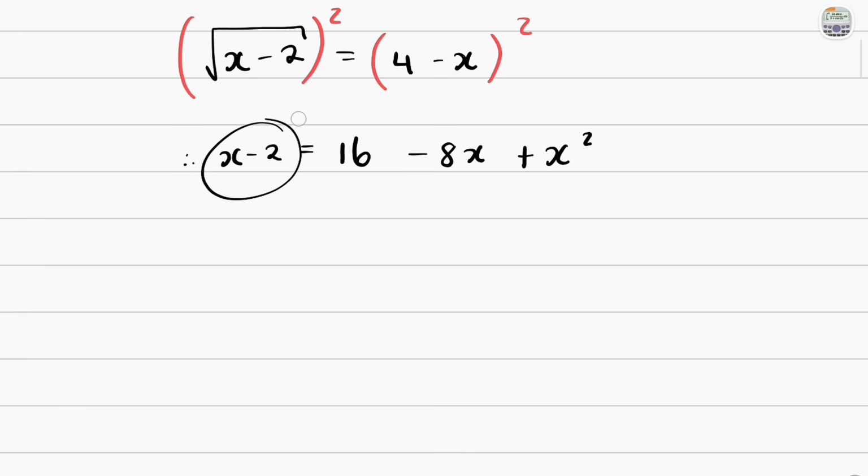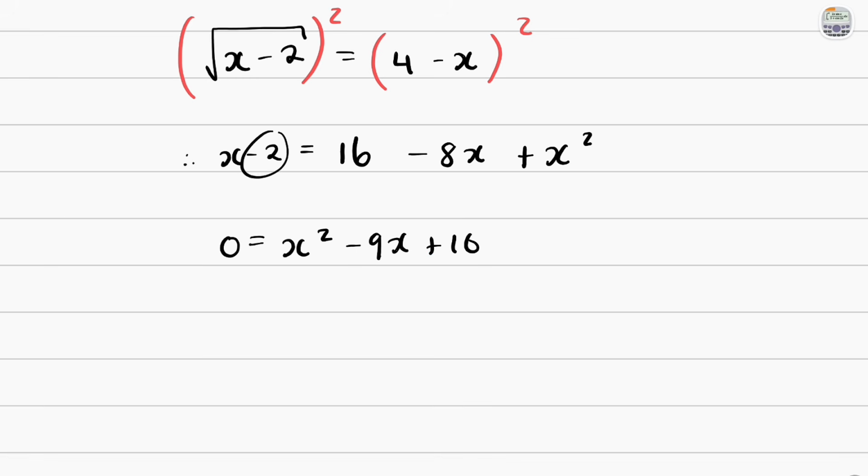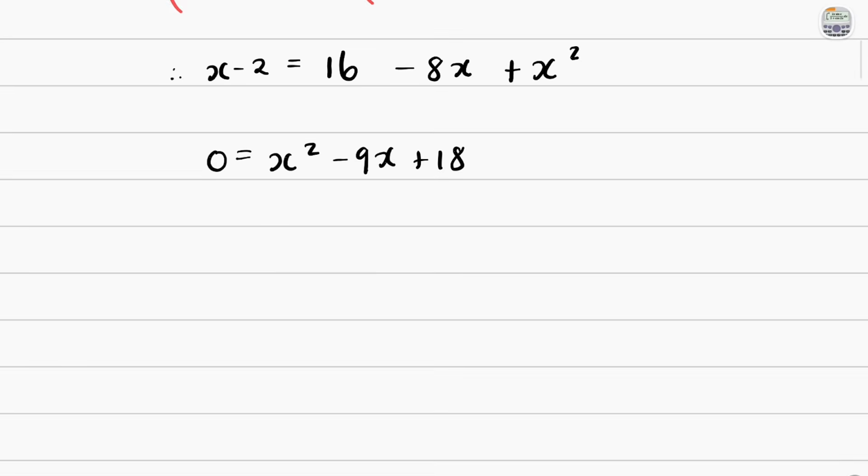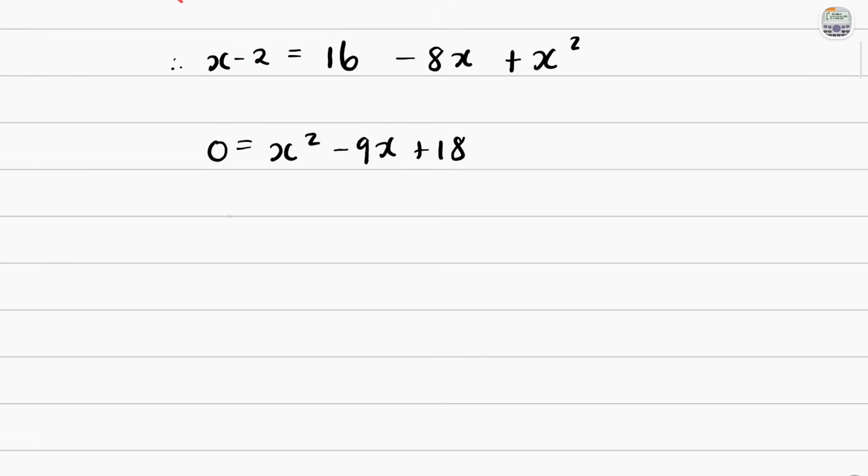And now you see that x squared is positive on this side, so we can just go ahead and take everything over to the right-hand side. So 0 is equal to, and we have x squared minus 8x, and this comes over and becomes minus x, so we have negative 9x. And then positive 16, and this comes over and becomes a positive 2, so we have positive 18, okay, is equal to 0. And now we can go ahead and factorize.